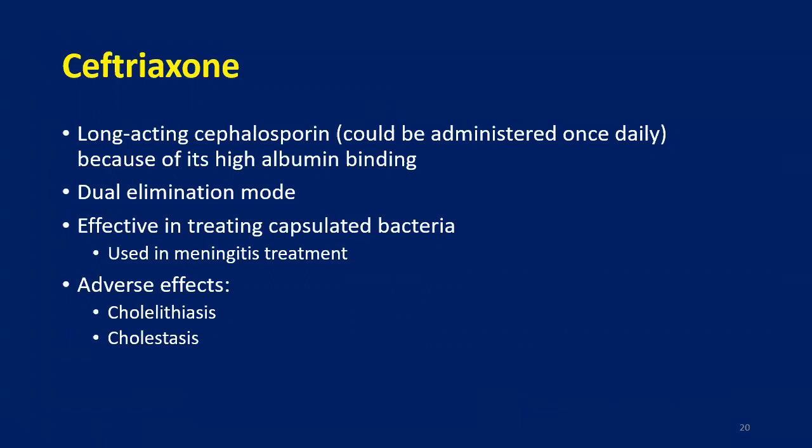So it's one of the perfect choices for treating meningitis. The adverse effect of ceftriaxone, because it's biliary excreted from the liver, is that it might induce cholelithiasis or cholestasis, and that would again increase the propensity to develop cholecystitis.